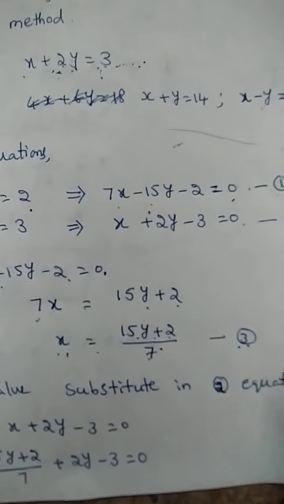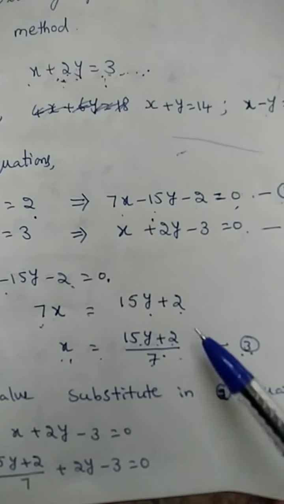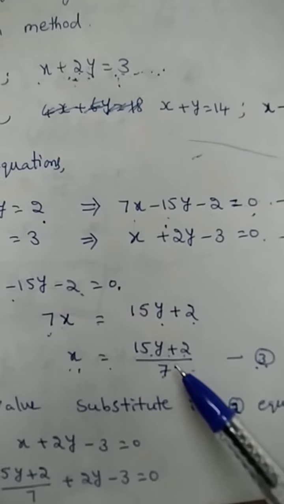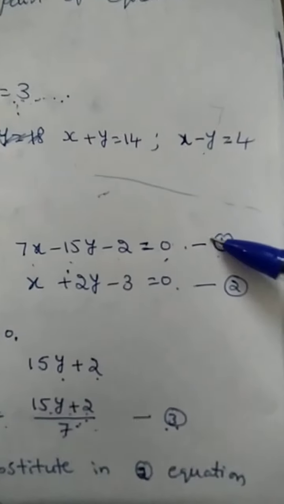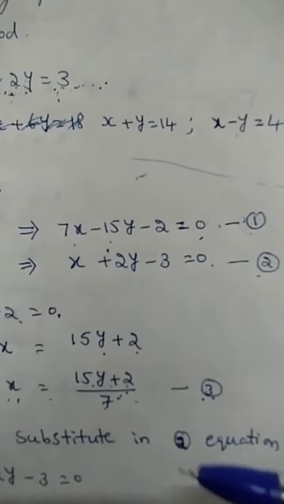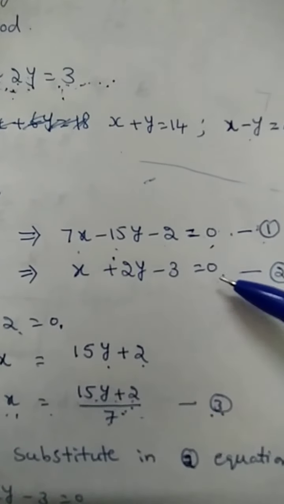It is the third equation. What is it? It is the value of x; the total equation is changed as x. So this x value is to be substituted in the place of x in the second equation only.